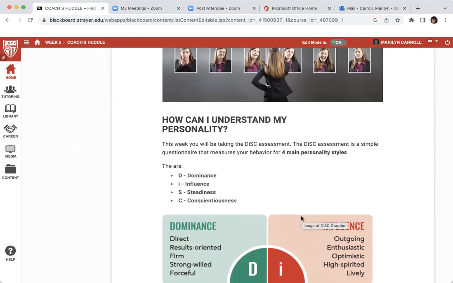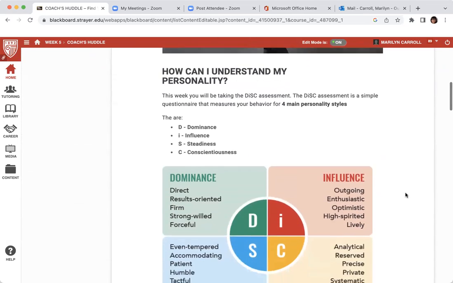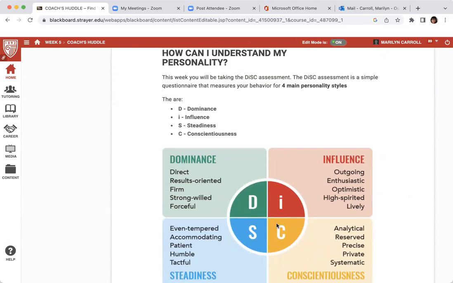So, how can I understand my personality? This week, you will be taking the DISC assessment. The assessment is a simple questionnaire that measures your behavior for 4 main personality types: D for dominance, I for influence, S for steadfastness, and C for conscientiousness, okay?